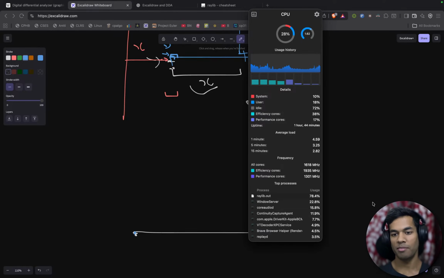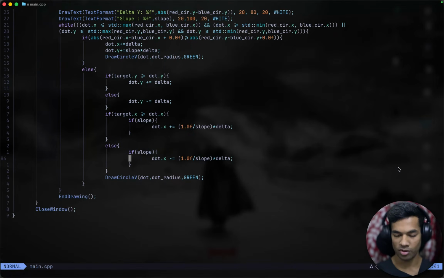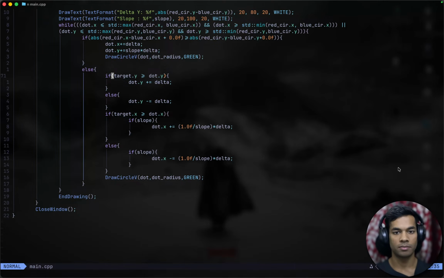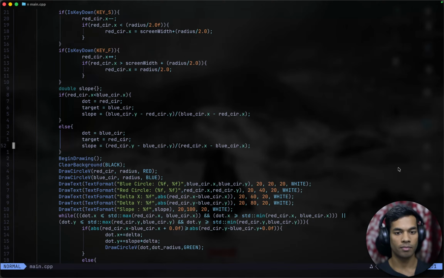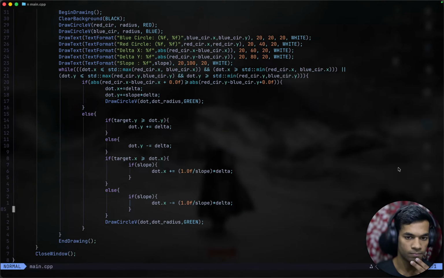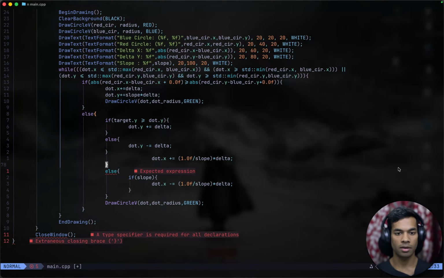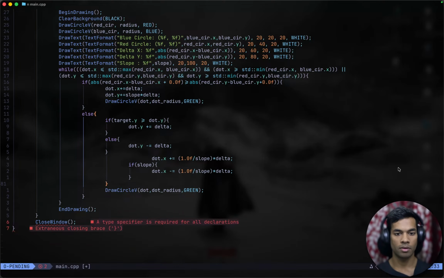This game is taking more CPU usage than the browser and OBS. That is nice. And this is the only thing that we changed here. Okay, let's keep that fixed.